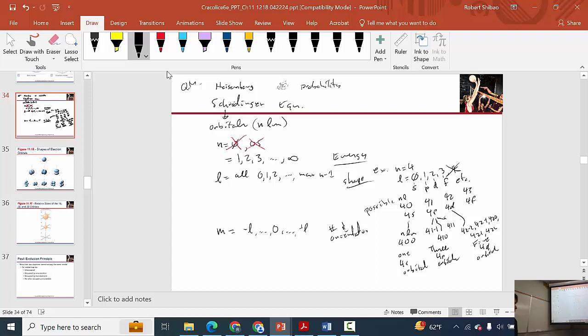How many 4f orbitals do I have? 7. And so this would go 4, 3, negative 3, 4, 3, negative 2, 4, 3, negative 1, 4, 3, 0, 4, 3, 1, 4, 3, 2, and 4, 3, 3. That gives me my 7.